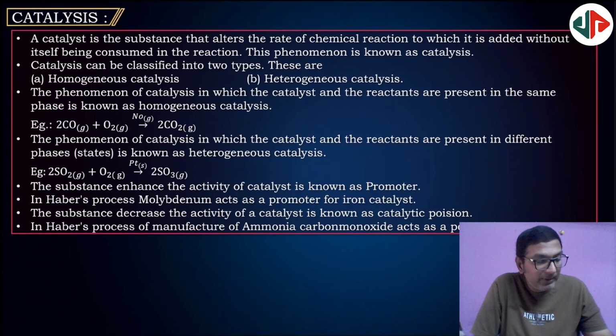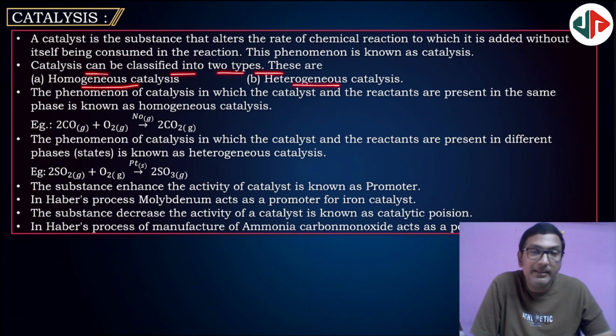Next, catalysis. A catalyst is a substance that alters the rate of reaction without undergoing any change in its composition at the end of the chemical reaction. Catalysis is of two types: homogeneous catalysis and heterogeneous catalysis.